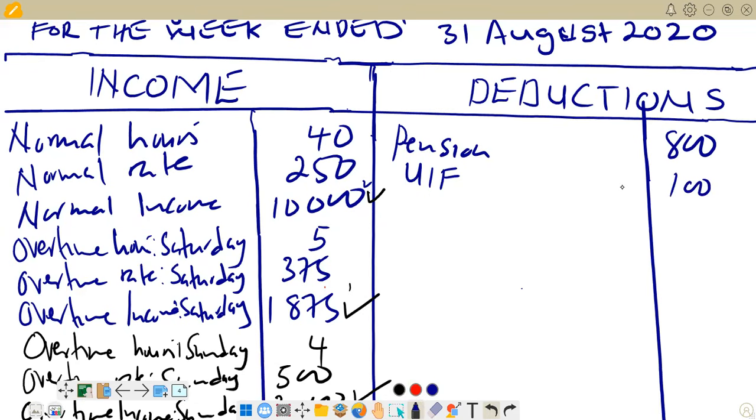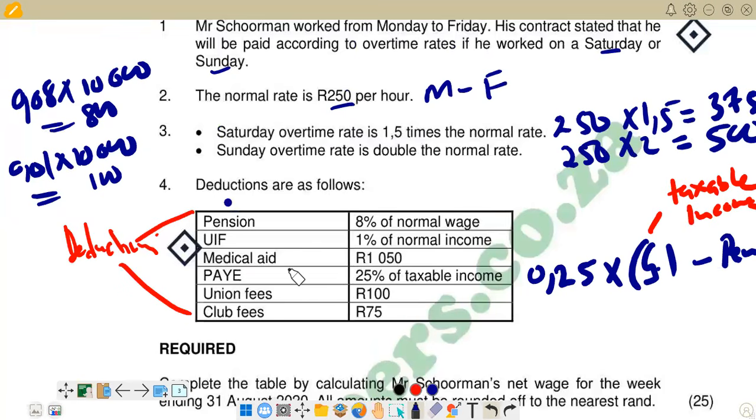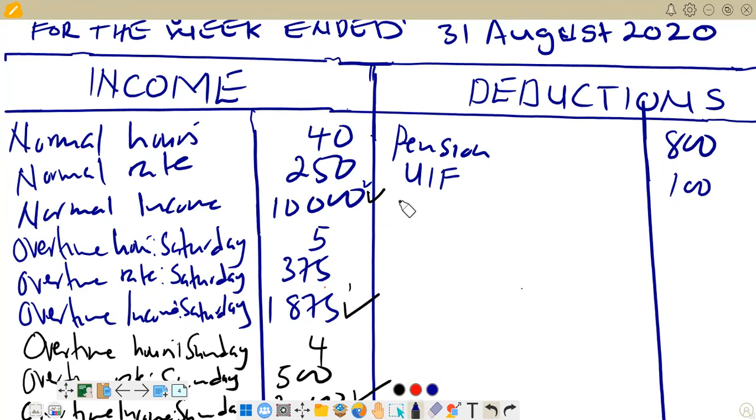And then we go to the next deduction. You would see that we have medical aid. We are given it as a figure, 1050. So this one is simple. We just enter the 1050 that we are given. Medical aid is 1050.